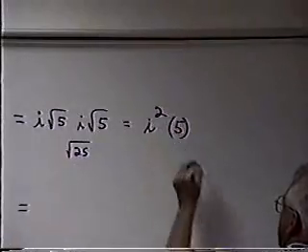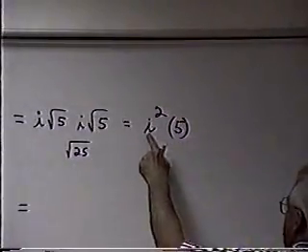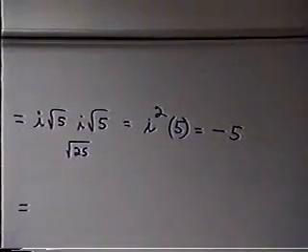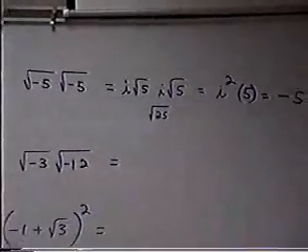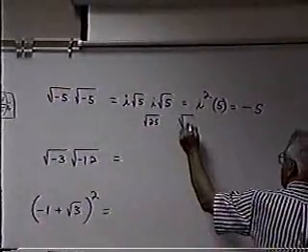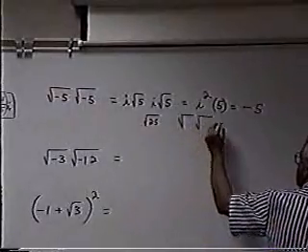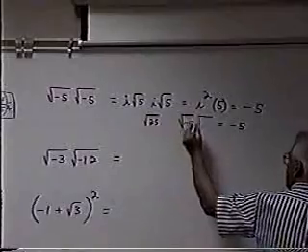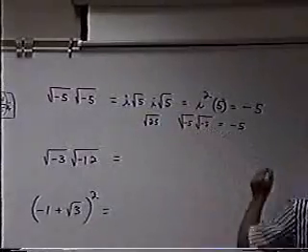So we get 5. But what is i squared? We get minus 5. Which is a good idea. That says to us then that if we multiply the square root of a number times the square root of the same thing, we get what that number is. If we multiply the square root of minus 5 times the square root of minus 5, we get a minus 5.